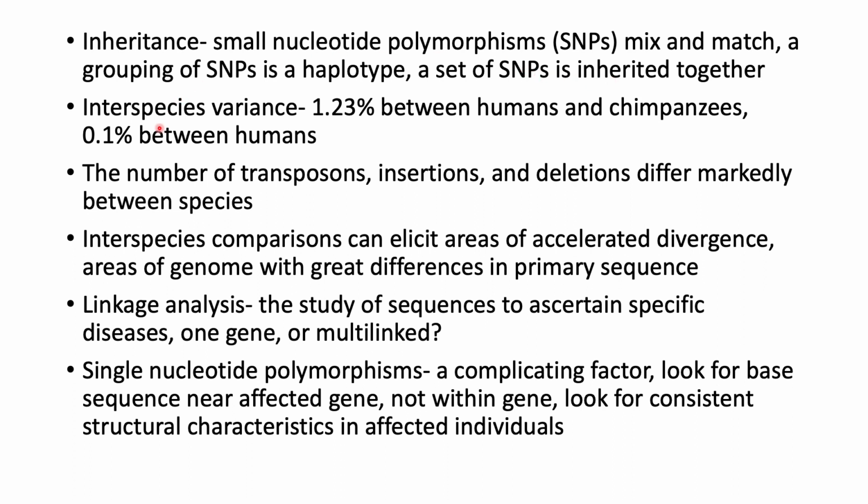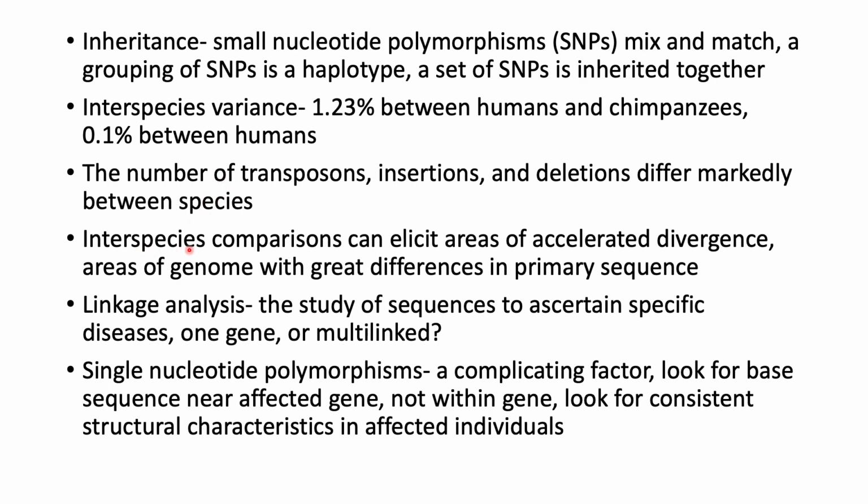The amount of interspecies variance is only 1.23% between humans and chimpanzees, and 0.1% variance between humans. The number of transposons, insertions, and deletions, however, differ markedly between species. So these polymorphisms can produce a lot of similarities between species, but the internal base structure is quite different and lends us different characteristics.